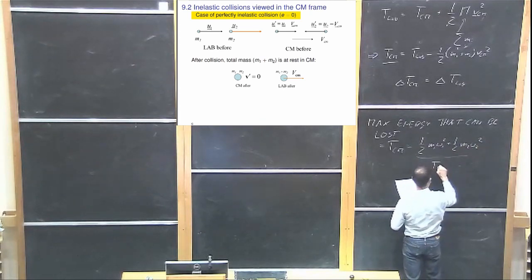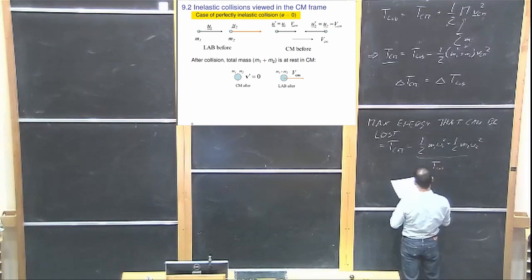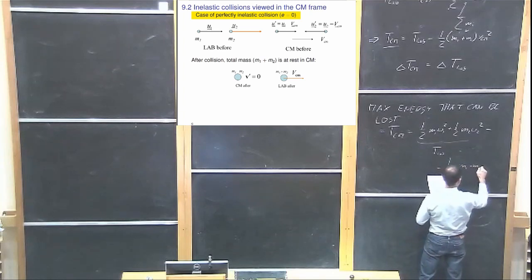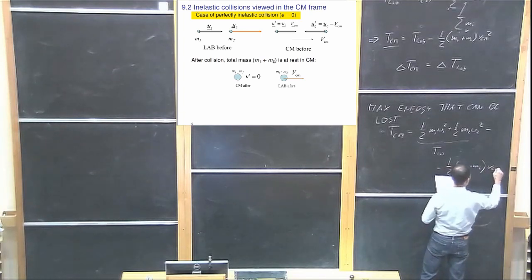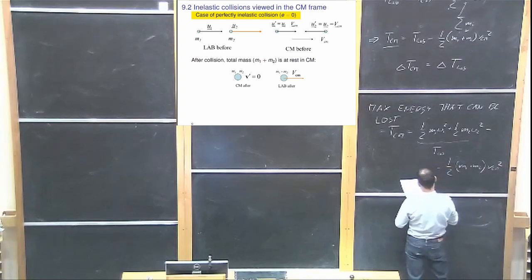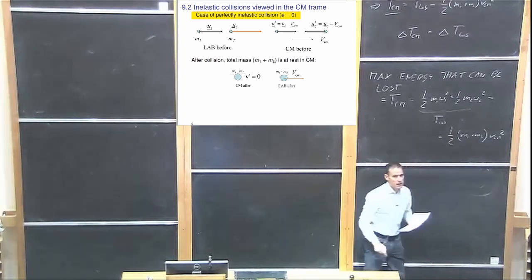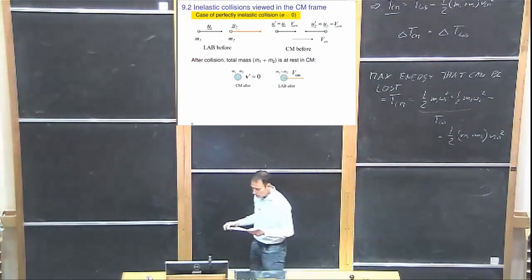This is our T lab, minus 1/2 (m1 plus m2) VCM squared. So this is then the overall mass times the velocity of the center of mass frame in the lab frame.